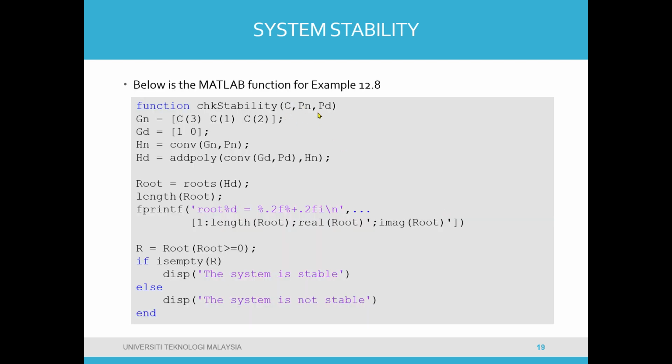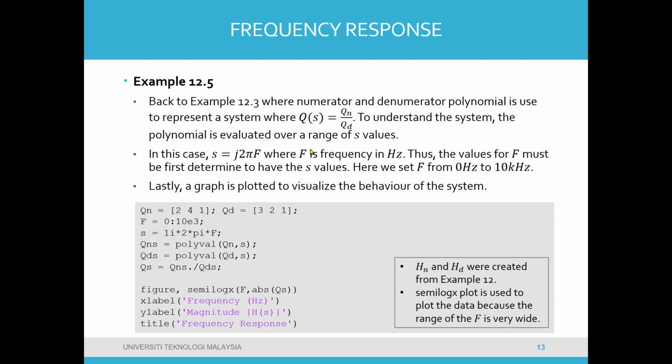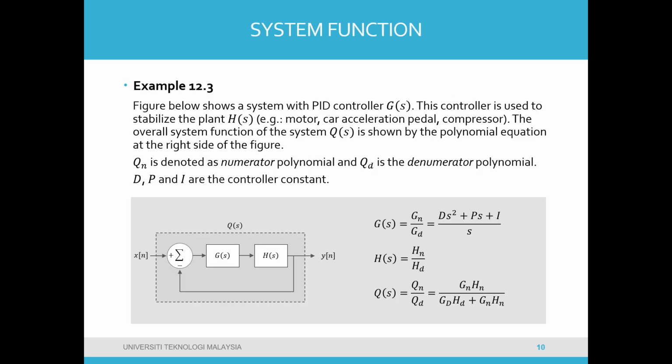Pn is the plant numerator, and Pd the plant denominator. Basically you just use back the knowledge you have learned before. G is the C1C, this is the control. You can remember back this one.